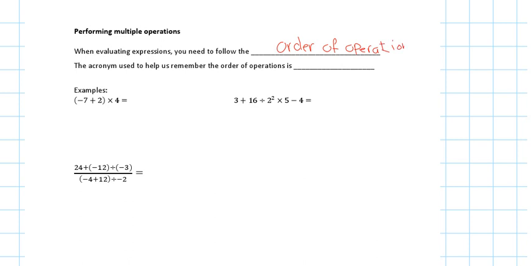And the acronym for it is BEDMAS. What BEDMAS stands for is the following. B stands for brackets. E stands for exponents.